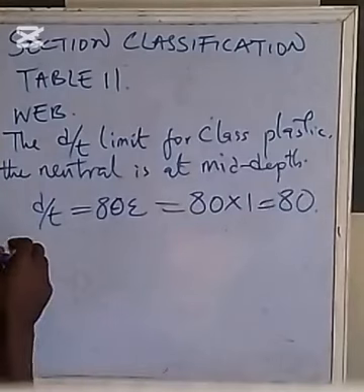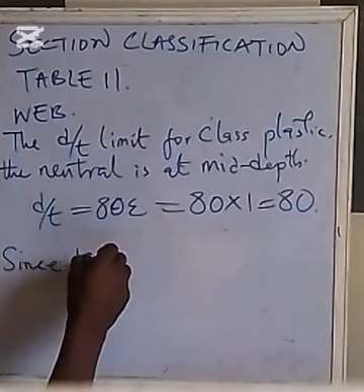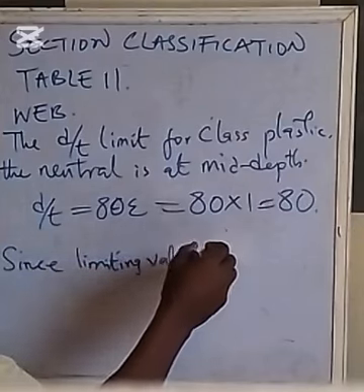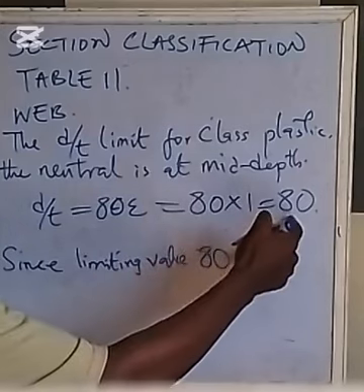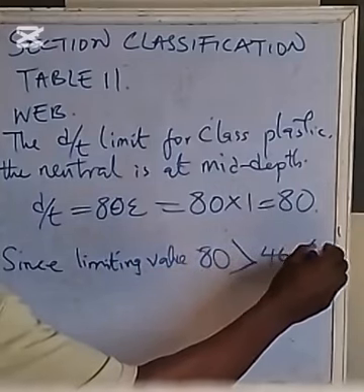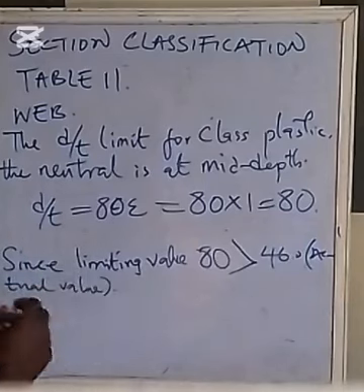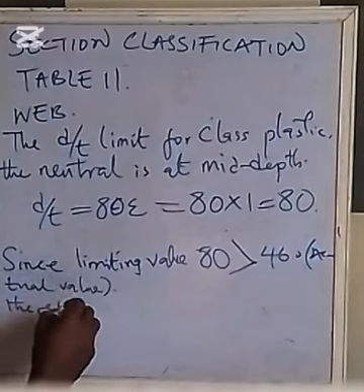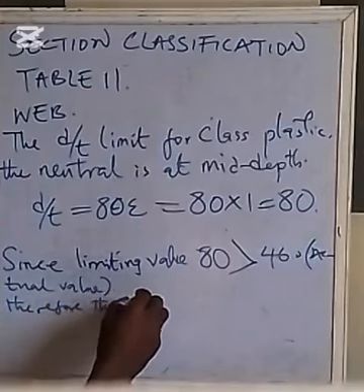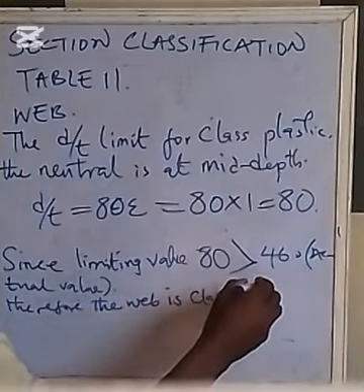Now, we will say, since the limiting value (80), which is this that we just calculated, is greater than 46, which is the actual value, we can therefore say the web is class 1 plastic.